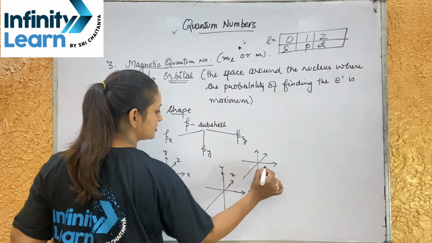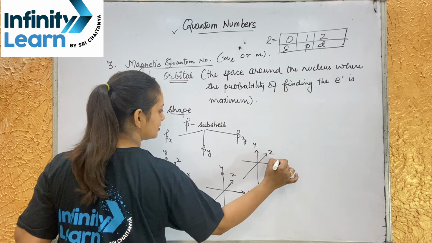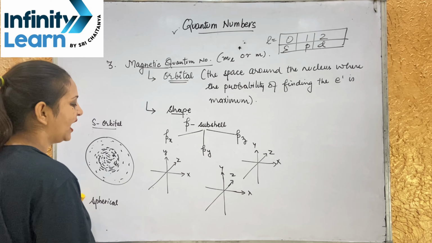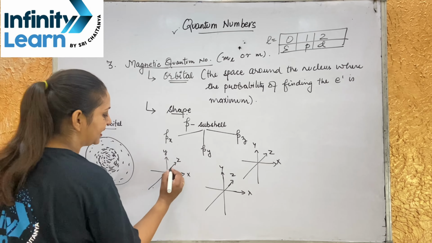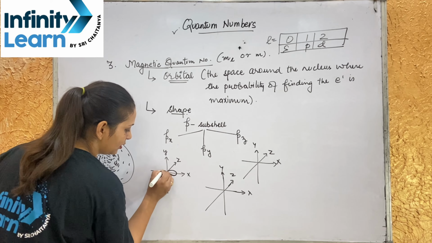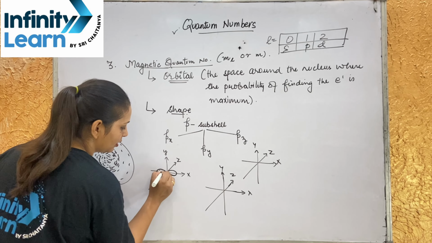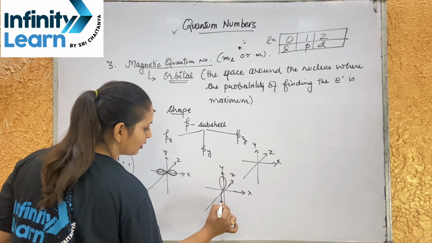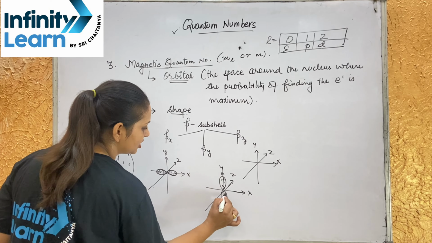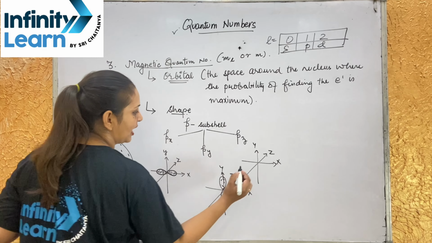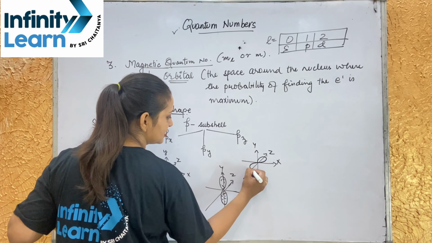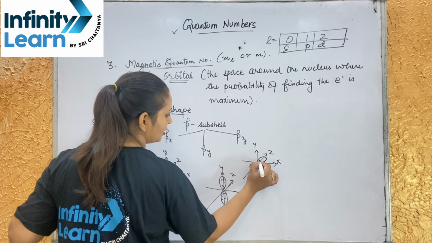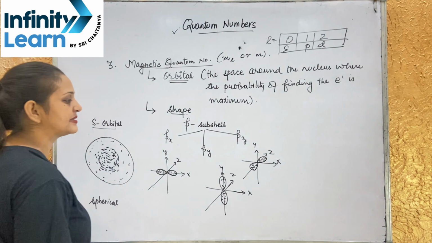So it is in the form of lobes. For Px, the lobe is along the x-axis. For Py, the shape is like this. And for Pz, it is along the z-axis.